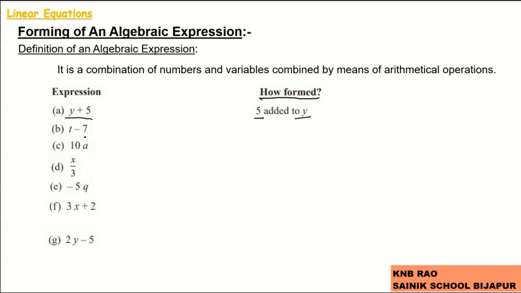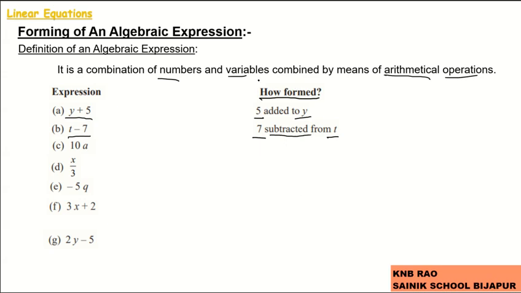Similarly, this algebraic expression t minus 7 can be said in general language as 7 subtracted from t. Here t is a variable, 7 is a number, and both are combined or linked with the arithmetical operation subtraction.